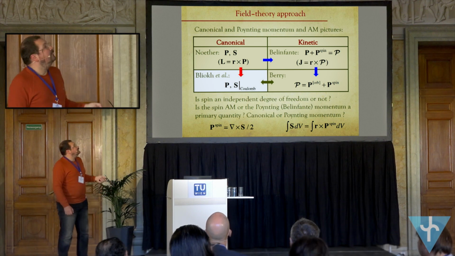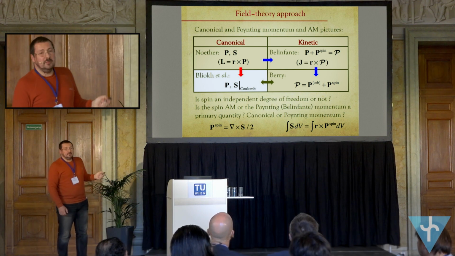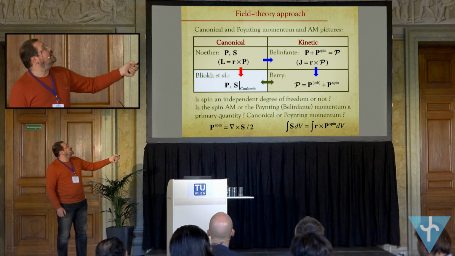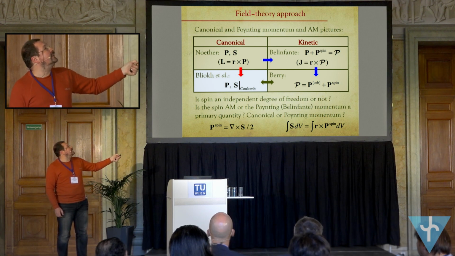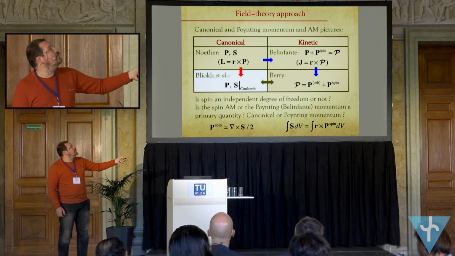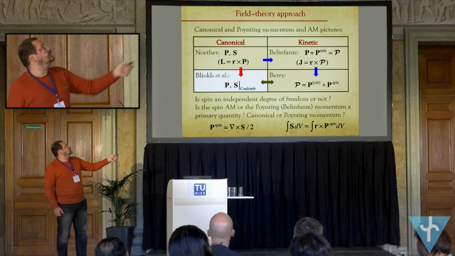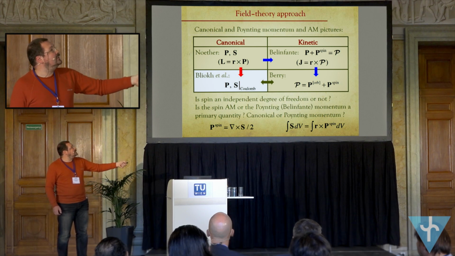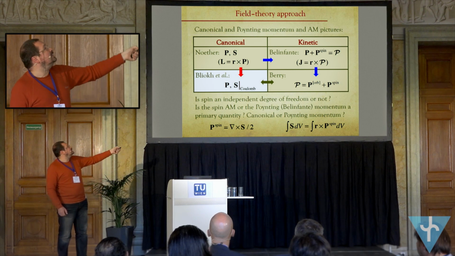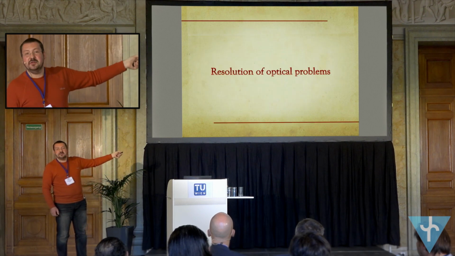So the field theory picture of momentum and angular momentum looks like this. We have canonically derived quantities from Noether's theorem, momentum and spin density. We have the improvement, in quotation marks, by Belinfante, resulting in Poynting momenta. We tried to separate here orbital and spin degrees of freedom by hand, but instead of this, we can just fix the gauge in this canonical picture.